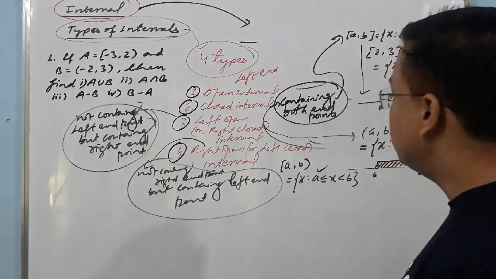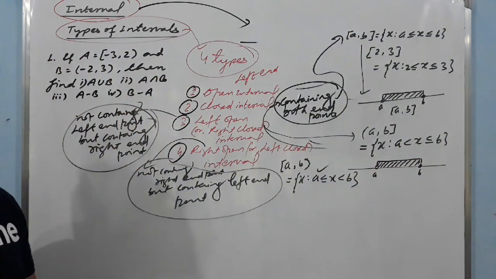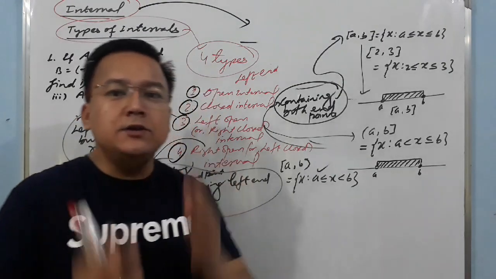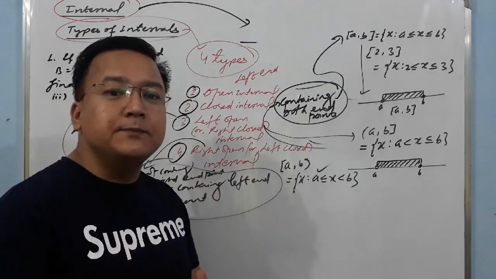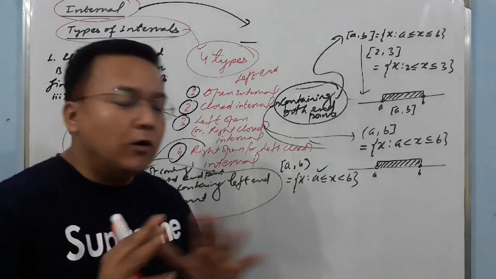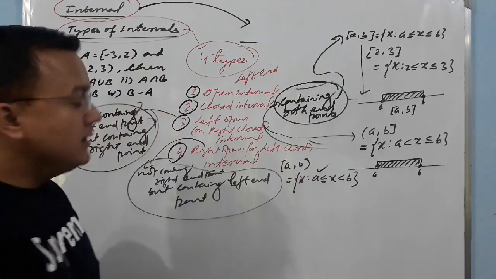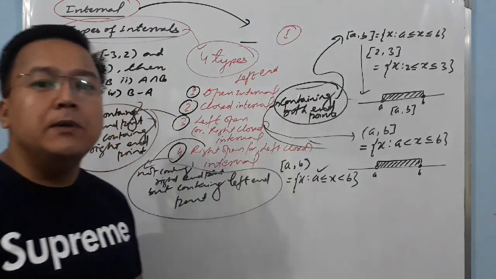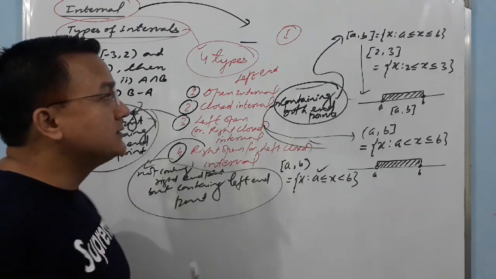All right, so now I think you understood intervals and the four types of interval. Let me just summarize. An interval, if a and b are given, is the set of all points between a and b on a real number line. Interval is denoted by I, and an interval may or may not contain its endpoints. A and b are called the endpoints.